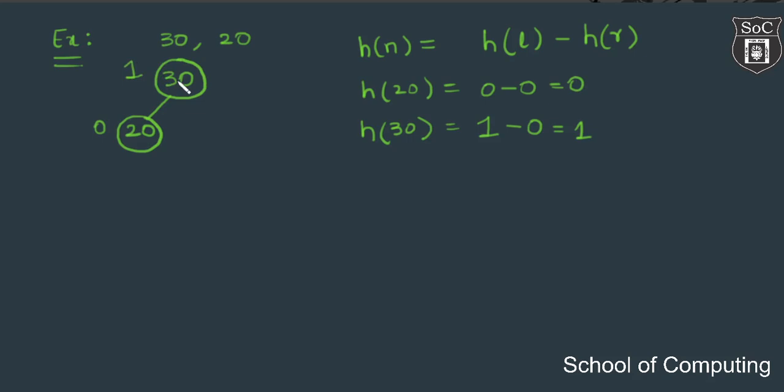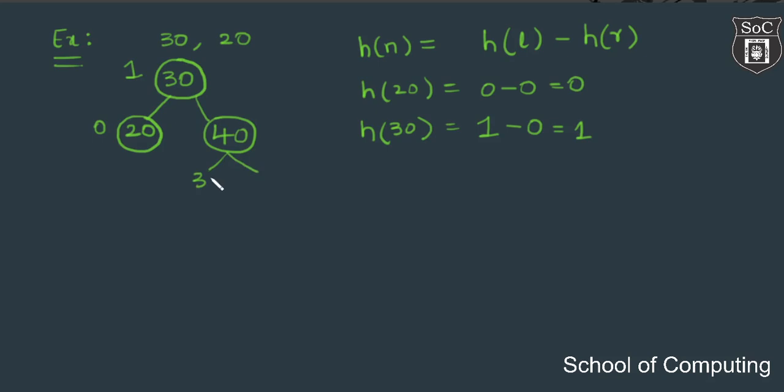Now there is an important point to be noted here. For example, imagine 30 has a right child, 40, which has a couple of children, left and right.